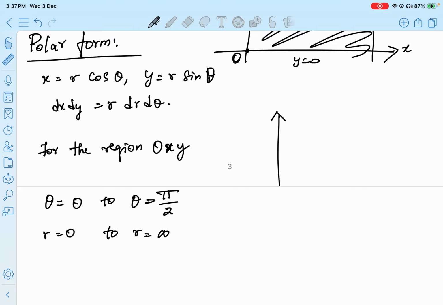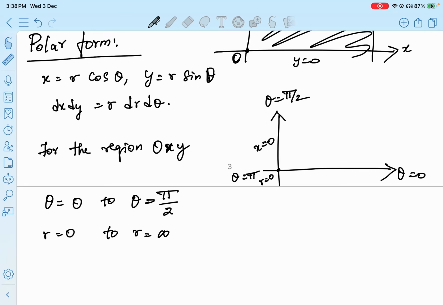So we can draw the image so that you can understand clearly. This is the polar form figure. Theta equal to pi here, theta equal to 0 here. This one is theta equal to pi by 2. And next we are going to start the r. So r is equal to 0; it will approximately start here.